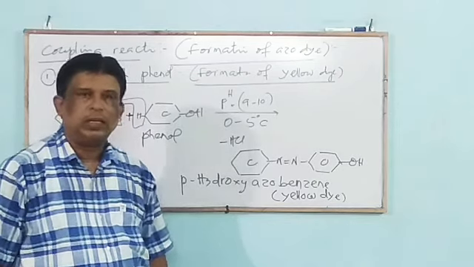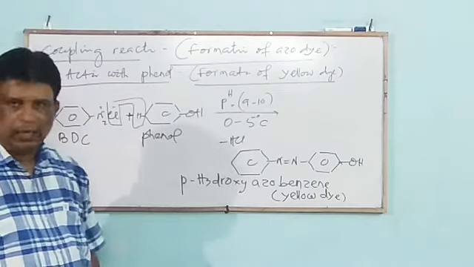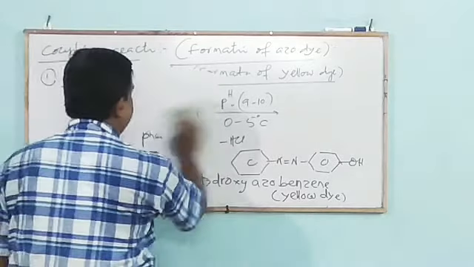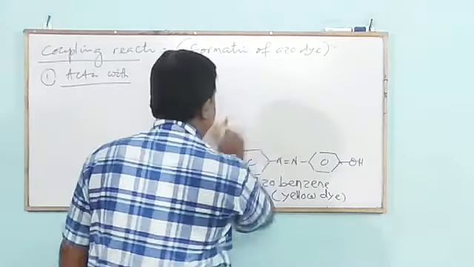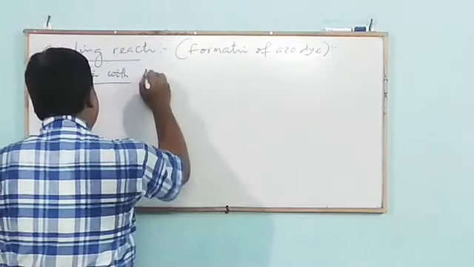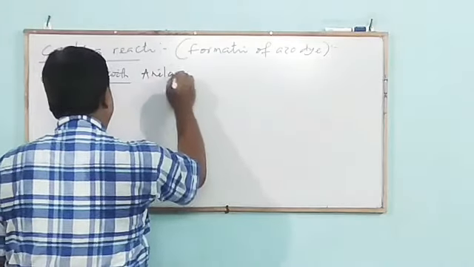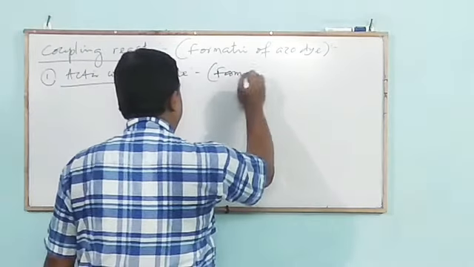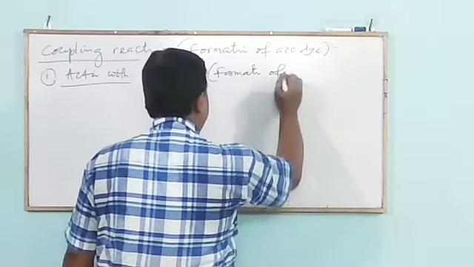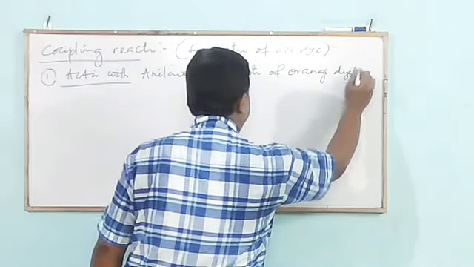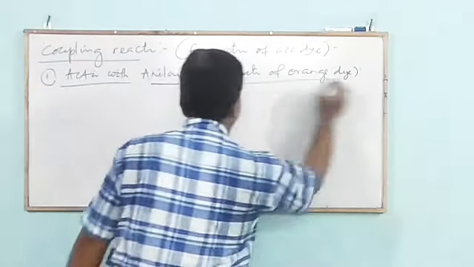Another example is reaction with aniline. Next one, under this heading of coupling reaction, reaction with aniline. That means formation of orange dye. Mark that.